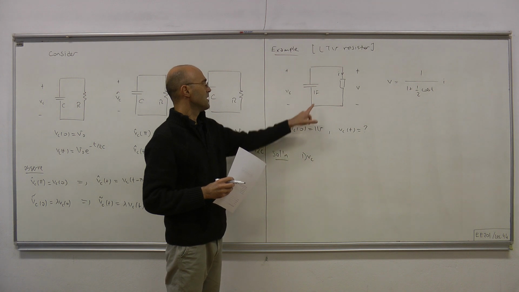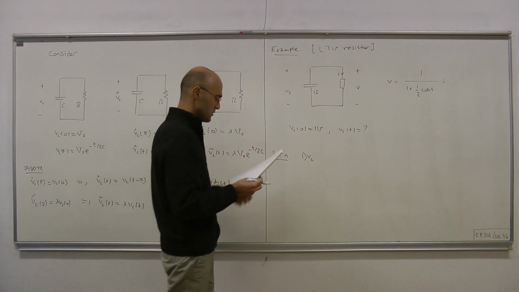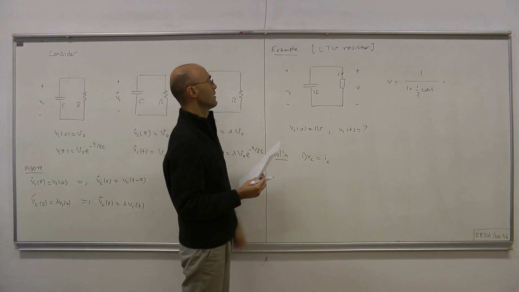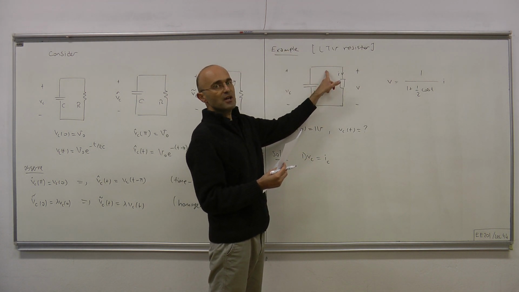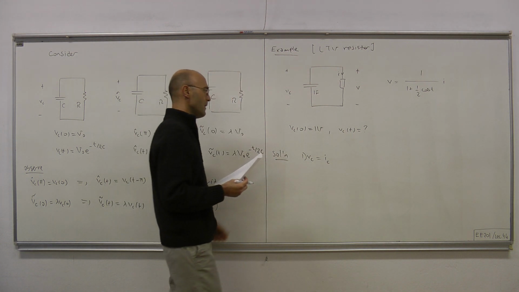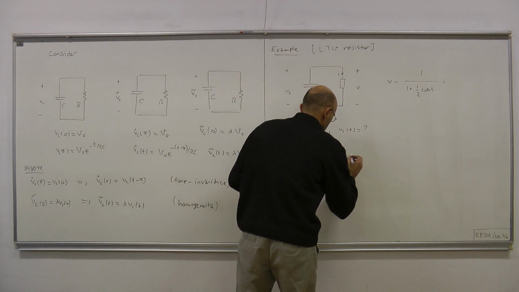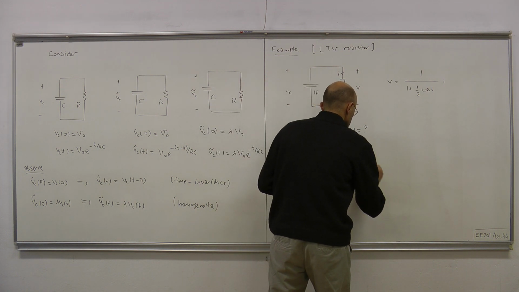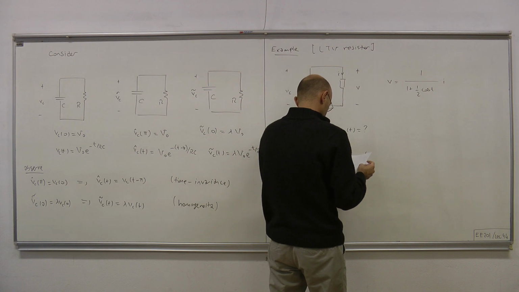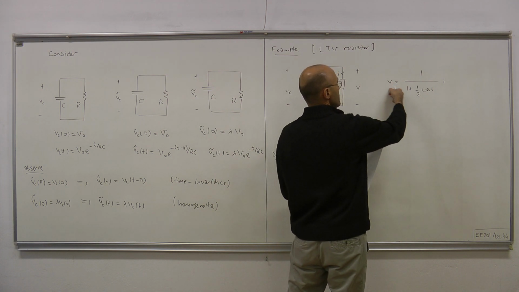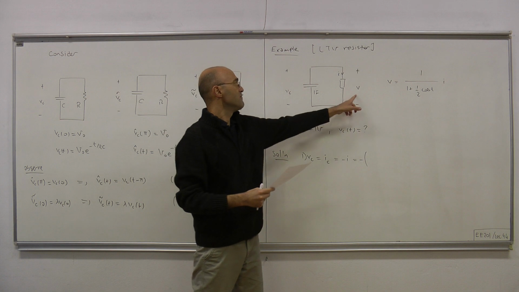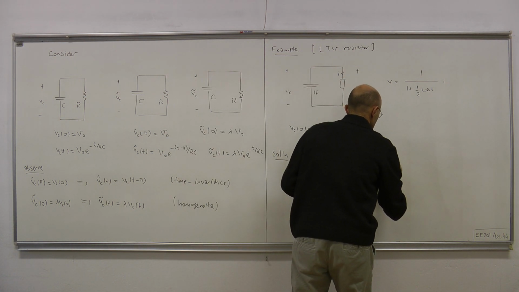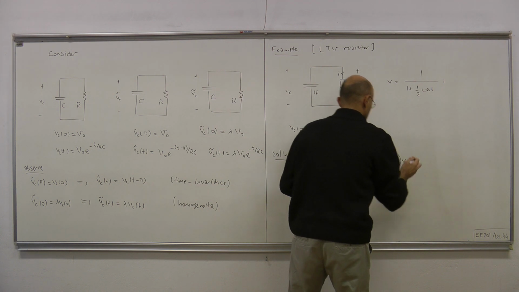C dVc, and C is 1, equals the capacitor current IC. And by KCL, IC is minus I. I is V times the conductance, and V is VC, therefore we have minus (1 plus 1/2 cosine t) VC.